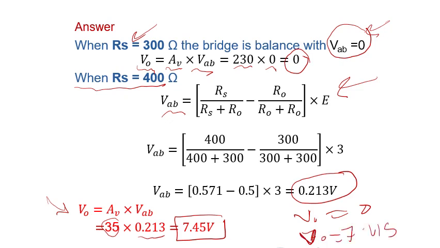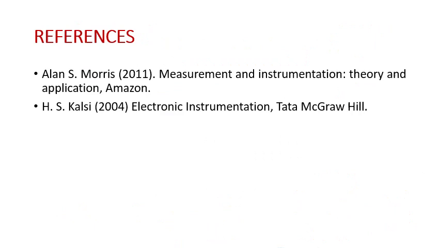The voltage on the output before the resistance change was 0. The voltage on the output after the resistance change is 7.45. That means the change in the voltage due to the change in resistance is equal to 7.45.